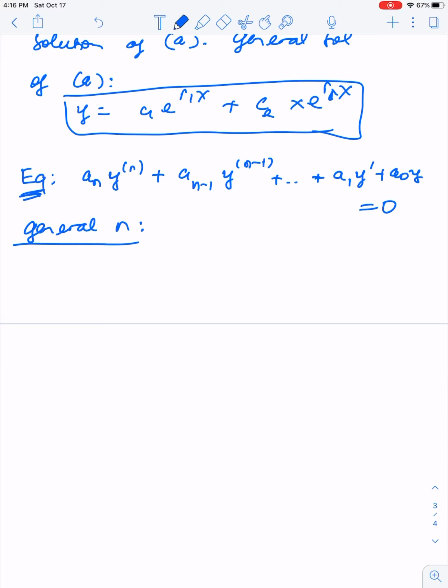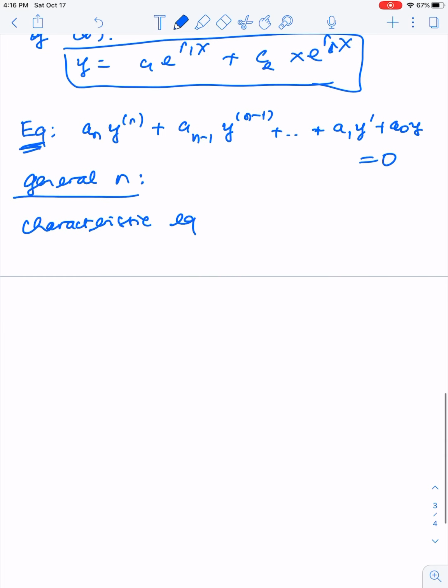Namely, look at the characteristic equation. The characteristic equation of this equation here is easy. You can replace the derivative by the corresponding power.